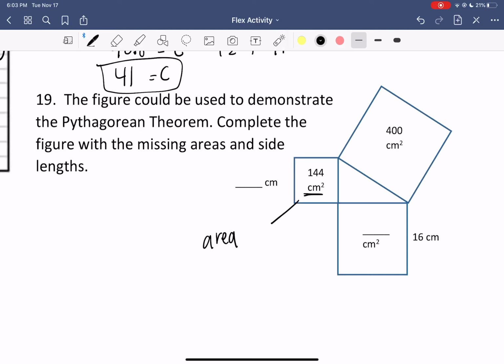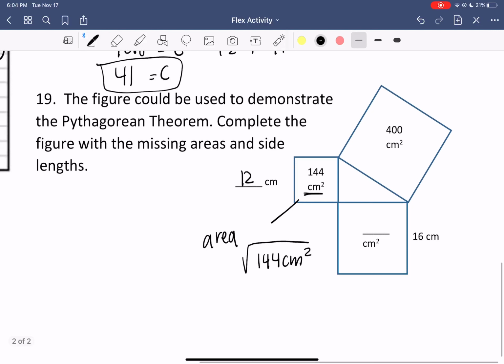So in order to unsquare something, 144 centimeters squared, we have to take the square root of 144, and that will give us 12 centimeters, because if you think about it, 12 times 12 is 144. So on this side, if we're looking at this square, we have 16 times 16.